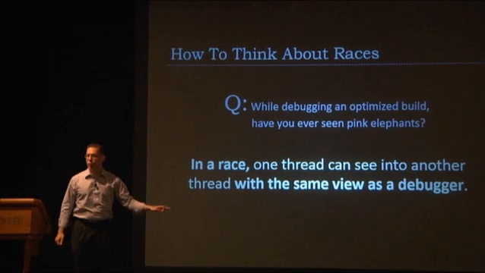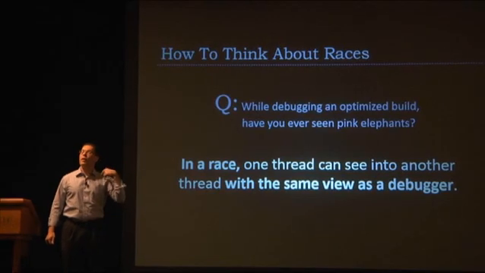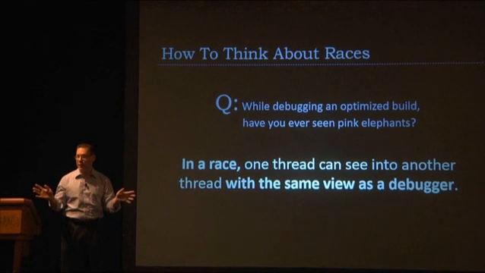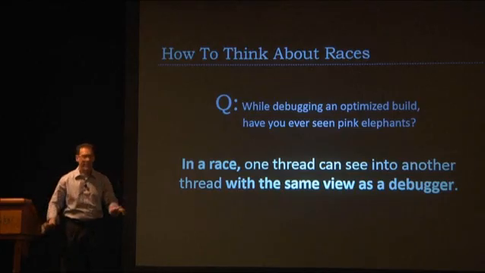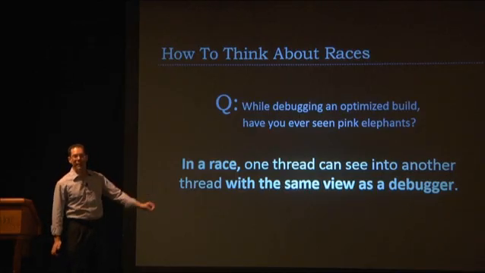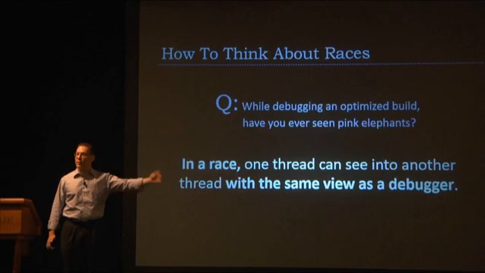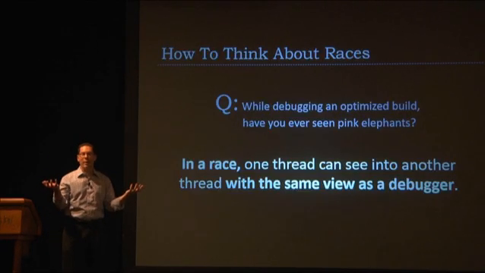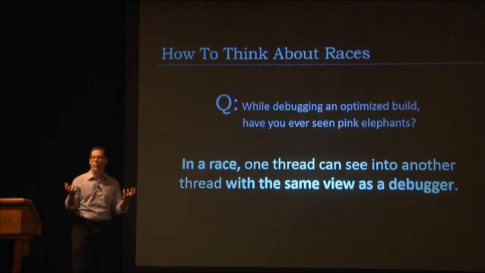This is flatly true. Anything that you could see in your debugger, pink elephants that even you don't understand without a lot of analysis, your thread is going to be helpless when it sees a race. This is why the memory model is, if you write a race, you go straight to undefined behavior land. Have a nice day. Because your program can't possibly cope with all this weird stuff that you might see.